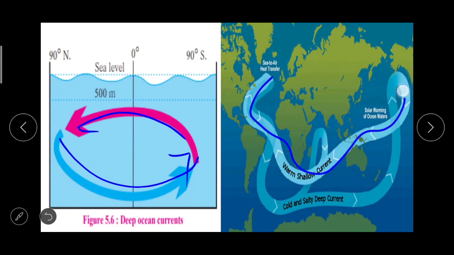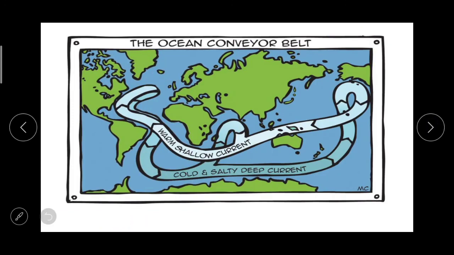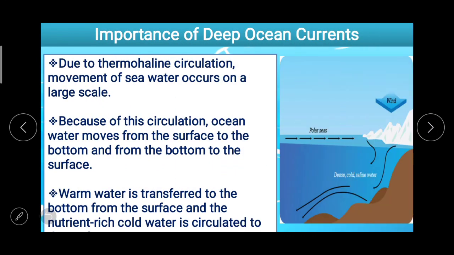This one you can see. And now the last point of the topic, here the ocean conveyor belt, and the last point, importance of deep ocean currents. Due to thermohaline circulation, movement of CO2 occurs on a large scale.